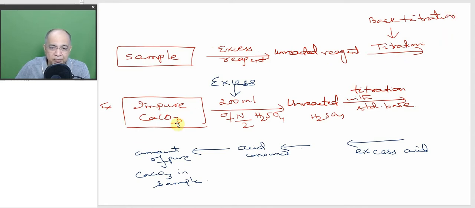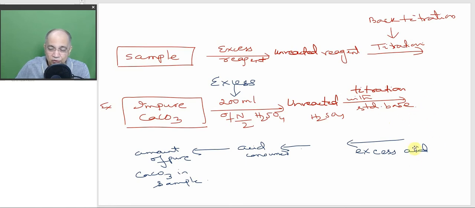For example, you have impure calcium carbonate, you add excess sulfuric acid, and that too, you know the volume and you know the concentration, 200 ml of N/2 sulfuric acid. Reaction is over. Then the unreacted sulfuric acid now is titrated either directly or after dilution. Say directly, the titration with a standard base, right?